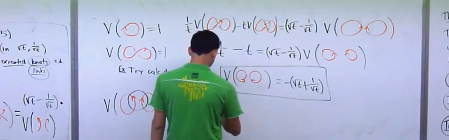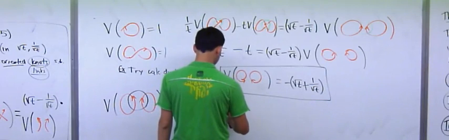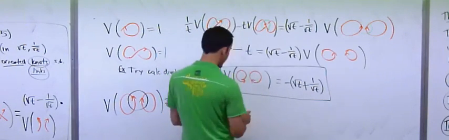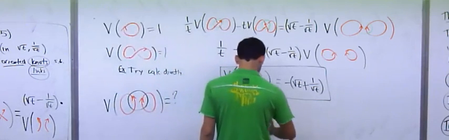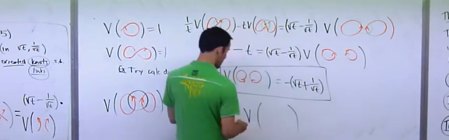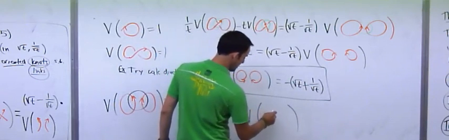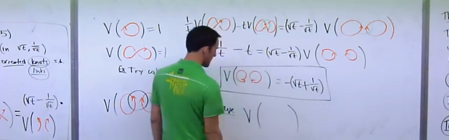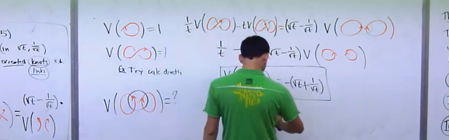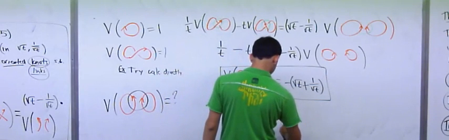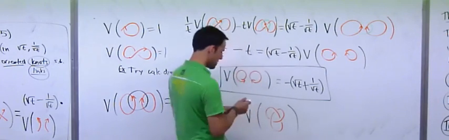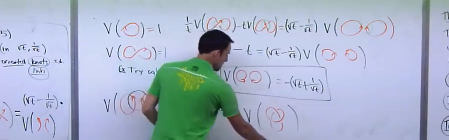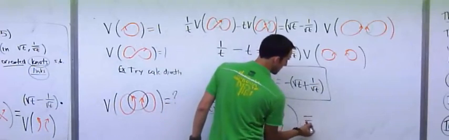Now, the exercise that I want to leave for you, and I really want you to do this exercise, and I think you're going to find it a fun exercise, is to do this for the trefoil knot. Now, what does this look like again? This. Compute it.